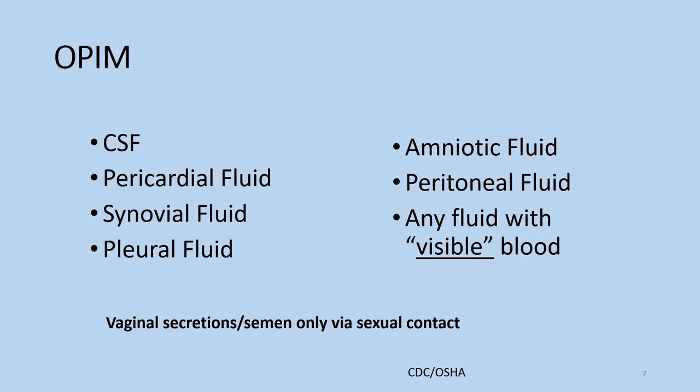So let's go to OPIM, other potentially infectious materials. Cerebrospinal fluid, pericardial, synovial, and pleural fluid, amniotic fluid, peritoneal fluid. Actually, we can just bring this down to one statement: any fluid that contains visible blood, because clearly blood is the issue.